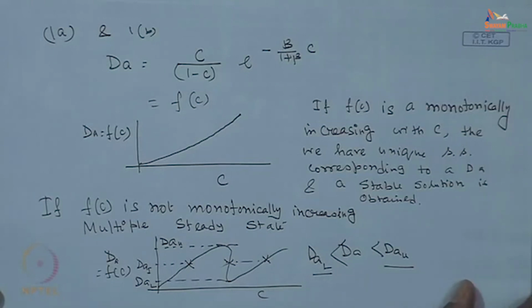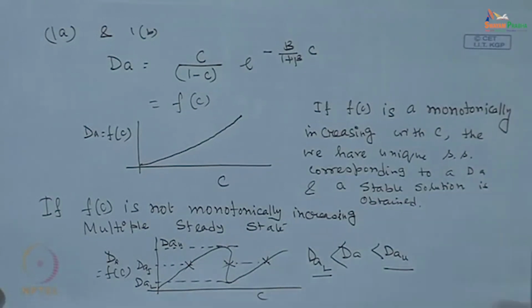So, what we can understand from this discussion is that, in order to have multiple steady states, f(C) will have a maxima and a minima. Only if the function of concentration has a maxima and minima can one expect the occurrence of multiple steady states. Now, let us put this condition in this particular case.